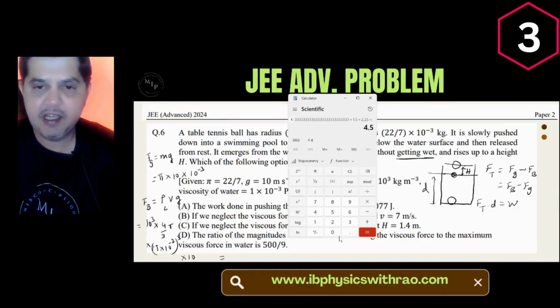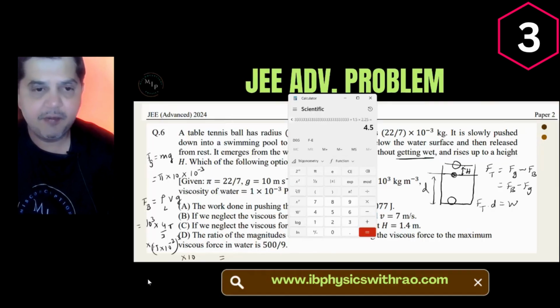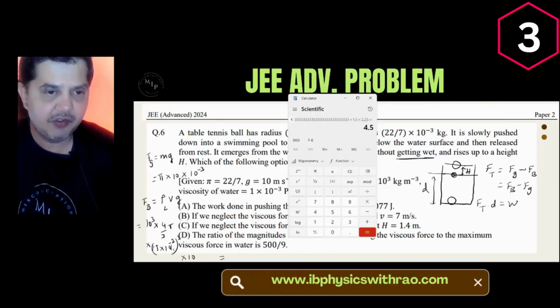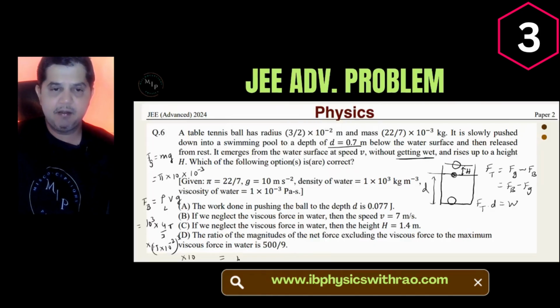Multiplied by, you have a 10 over here. I get 4.5. You have a 10 here, 10 power minus 2 whole cube here, 10 power minus 6 here, 10 power minus 6 into 10 power 4 will be 10 power minus 2. Okay, so therefore, I get this as 4.5 pi into 10 to the power of minus 2 Newton.